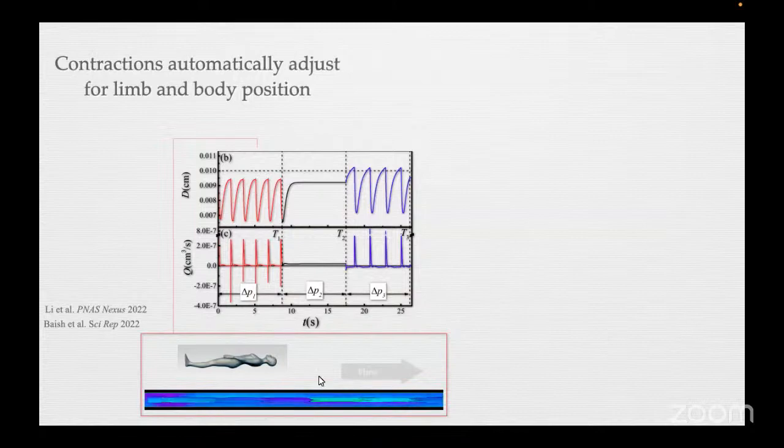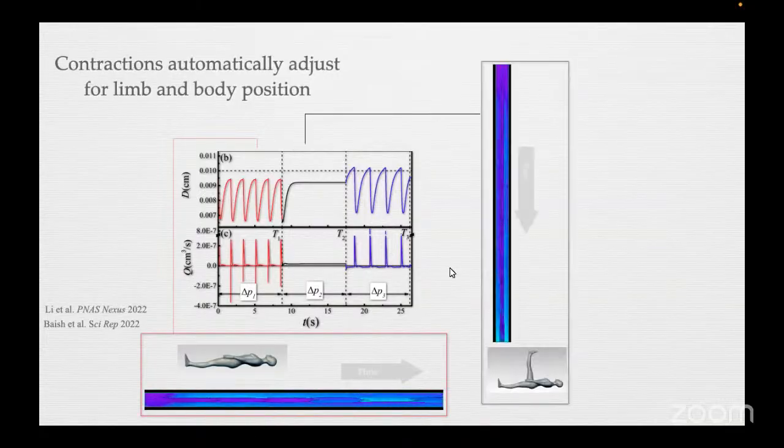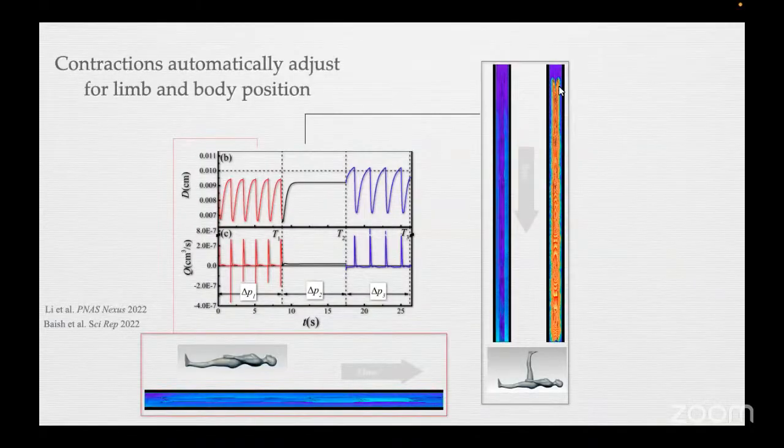And so that's shown in these autonomous contractions down here, and the red traces here for diameter and flow. What happens when we elevate the limb? When you elevate the limb, gravity is driving the flow, and that creates shear stress that makes nitric oxide that prevents contractions. We don't want contractions when gravity can drive the flow because the contractions increase resistance to flow.